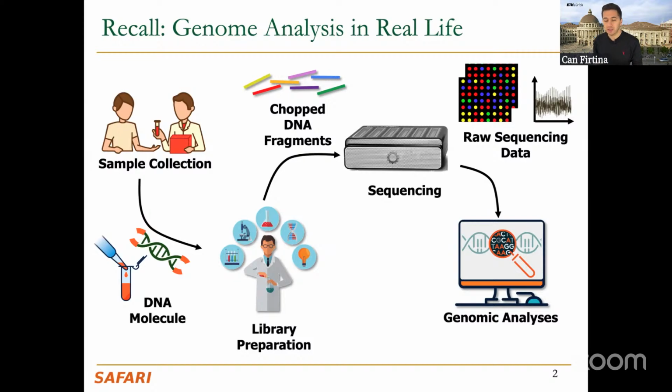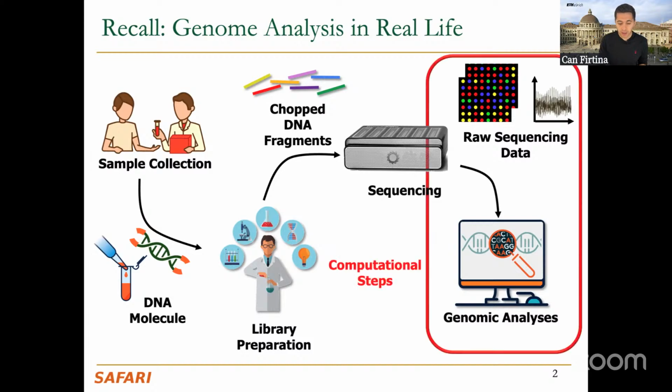The next steps will use this base called data to do the analysis. But there are also some other computational approaches that can directly analyze the raw data. Almost all of the computational steps essentially lie in between these two regions.